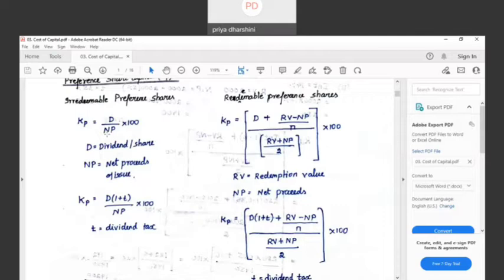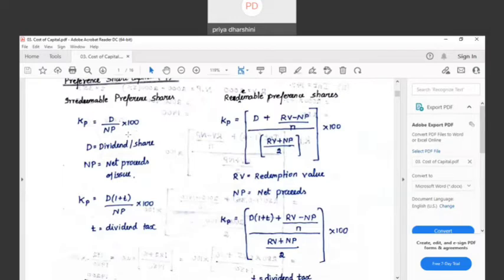Suppose 100 rupees is the face value of share, and the company incurs flotation cost of 3 rupees. To get that 100 rupees, the company is spending 3 rupees, which means the company will receive a net value of only 97 rupees. So that is what we call as net proceeds, which is D by NP into 100.